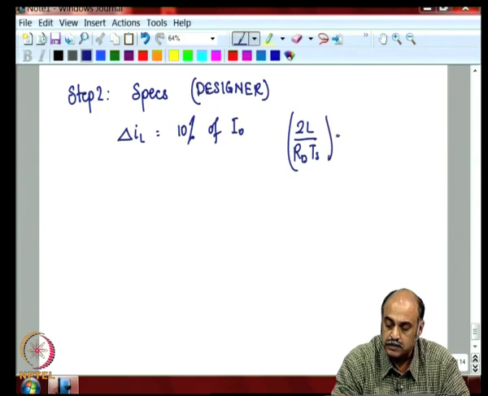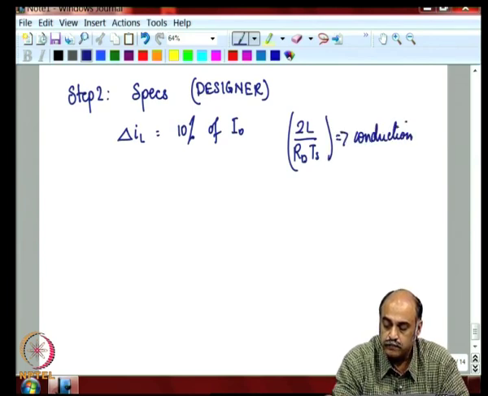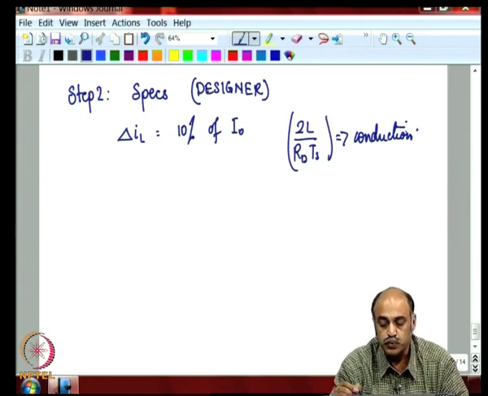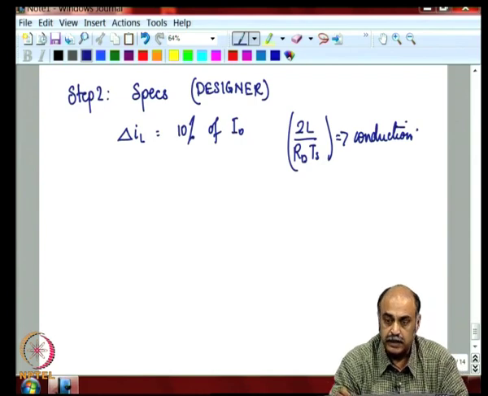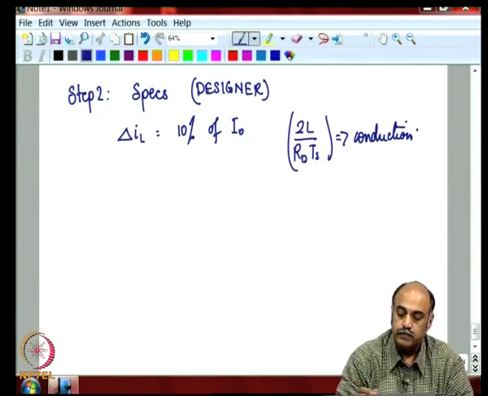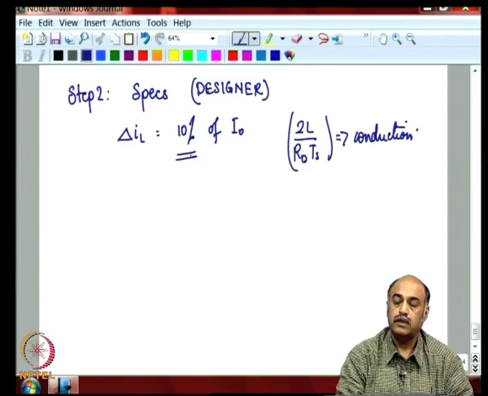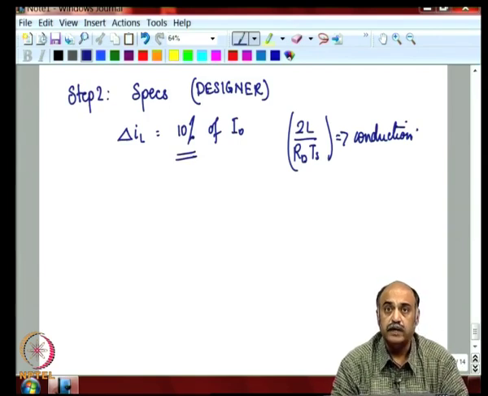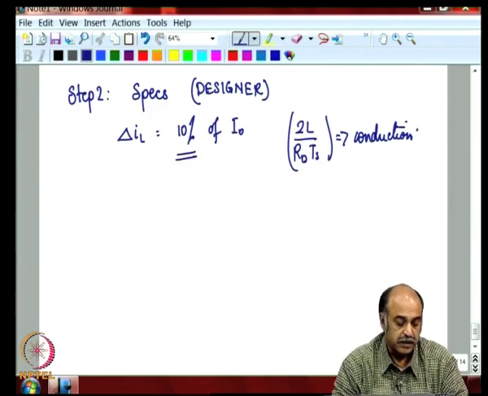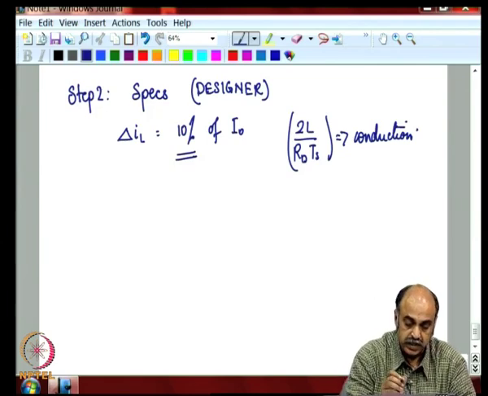This is called the conduction parameter. If this is known, this also could be used to obtain the value of delta IL. If none is known, then the first starting value of 10% of I naught is a good enough ripple current in the inductor.